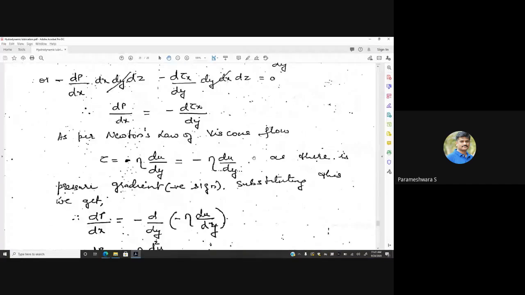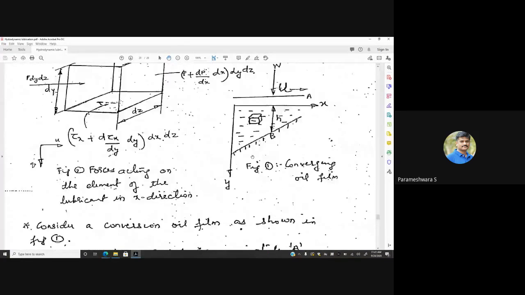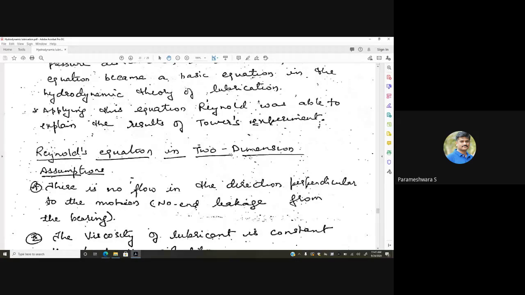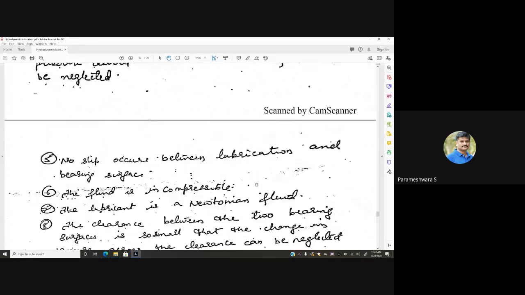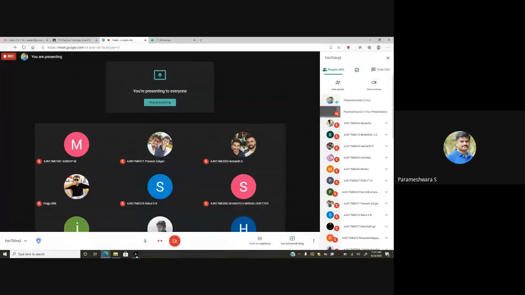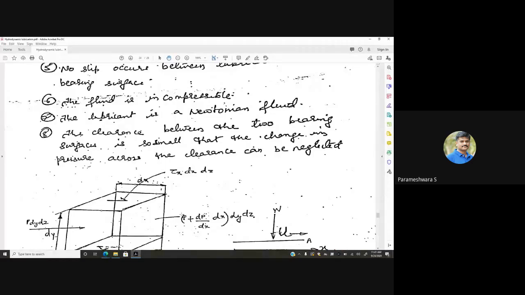In the examination, normally they'll restrict their question up to velocity: derive Reynolds two-dimensional equation for velocity. So with this, the concepts of the Reynolds two-dimensional equation are clear.